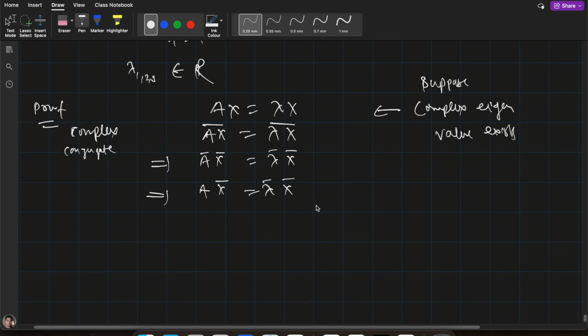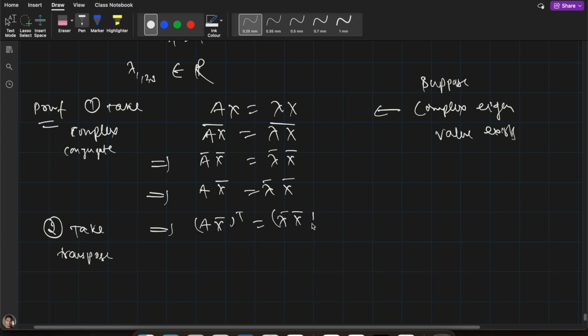Now take transpose. First step is what? Take the complex conjugate. Second step is what? Take the transpose both sides. So we'll get A x bar transpose equal to lambda bar x bar transpose, and that will be x bar transpose A transpose equal to lambda bar, that is a scalar, so it will not affect this.